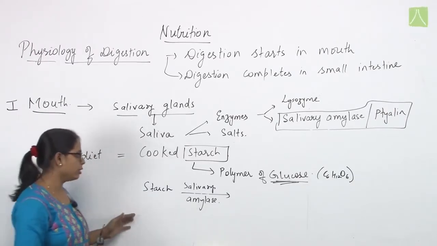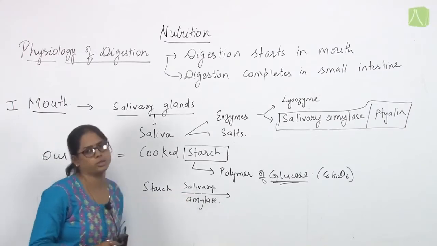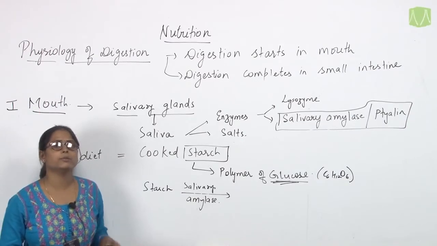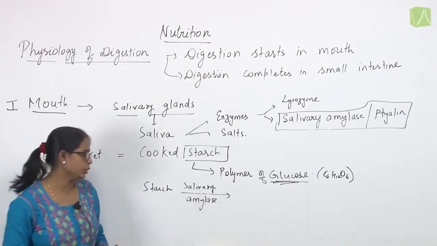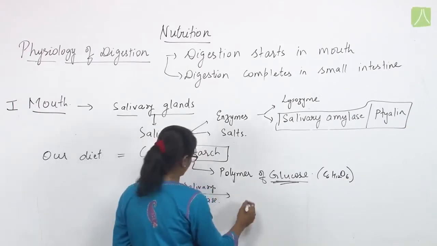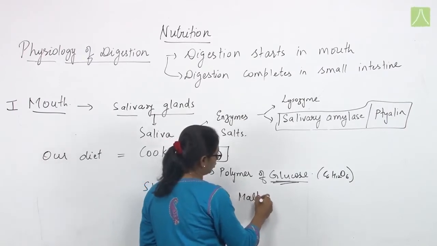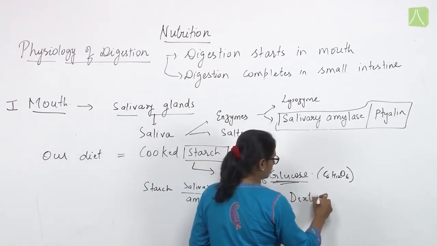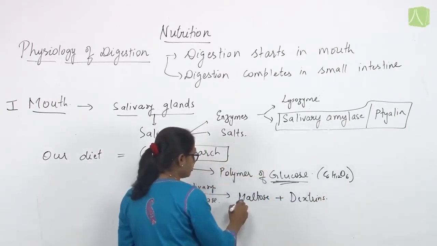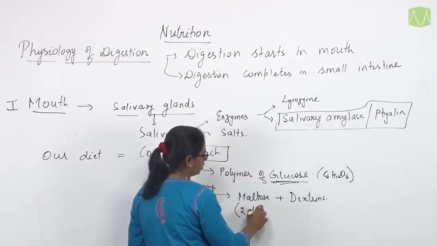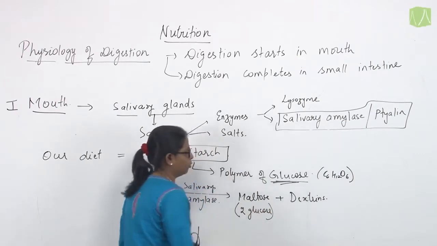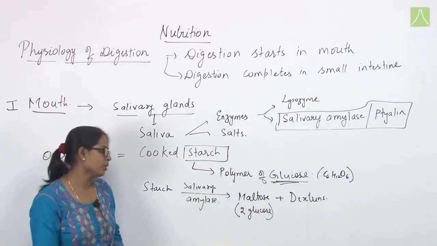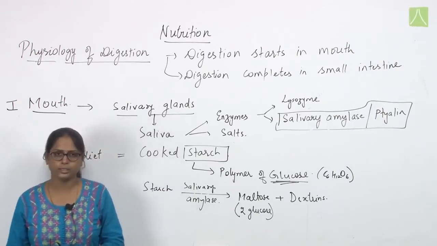So salivary amylase breaks it into simpler units like maltose plus dextrins. Maltose consists of 2 glucose molecules, and the rest of the glucose chain we consider under dextrins.